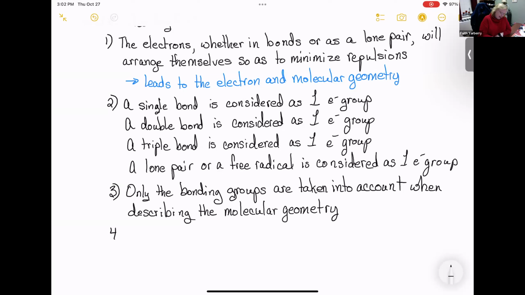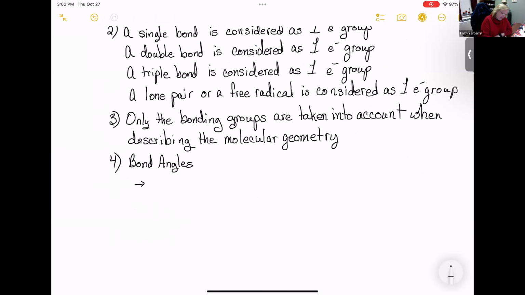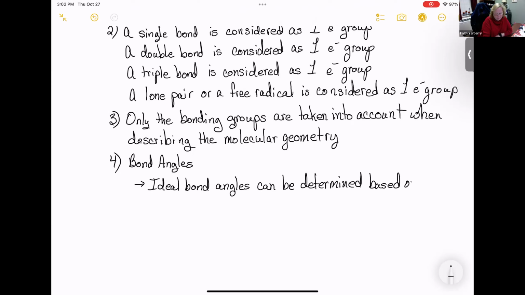A fourth thing is bond angles. Now, basically, ideal bond angles can be determined based on the electron geometry.